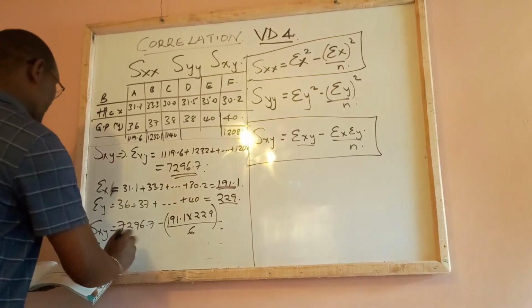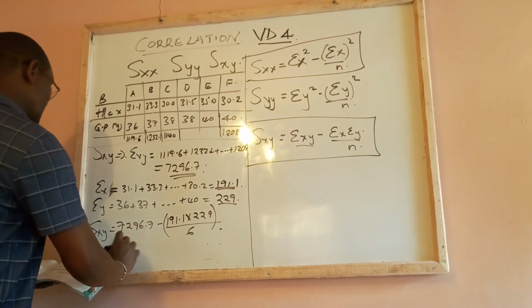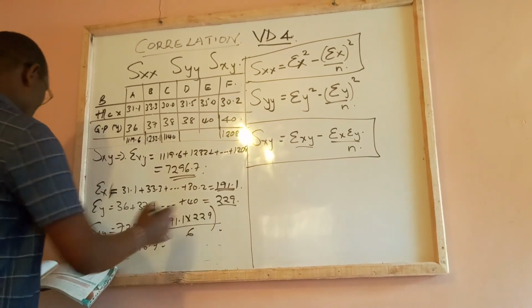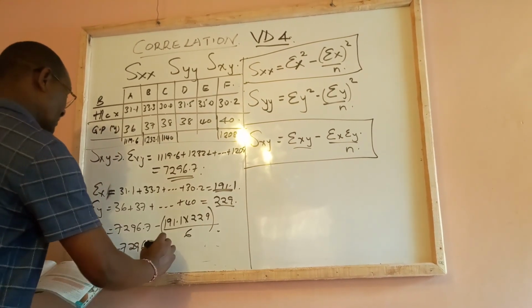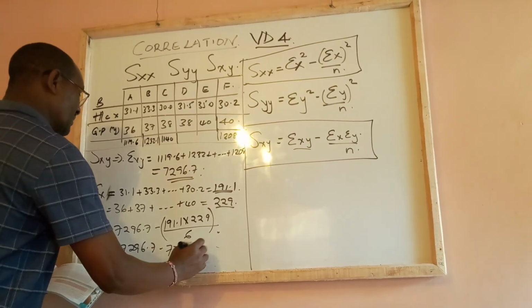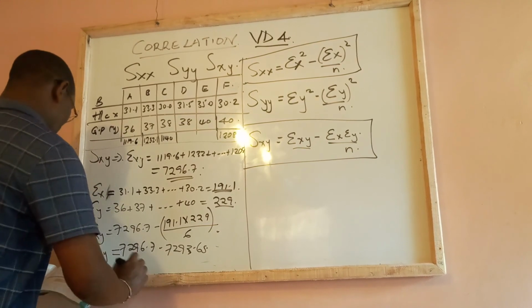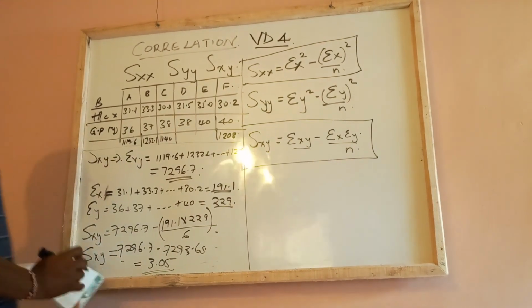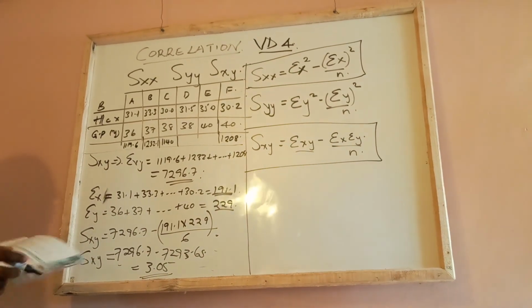Incidentally, you have 7296.7 minus this part, which gives you 3.65, and this is what gives you 3.05, and that is our Sxy.